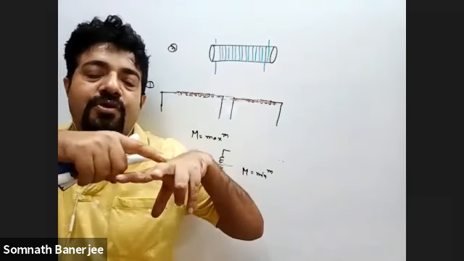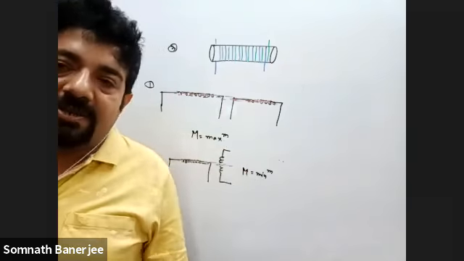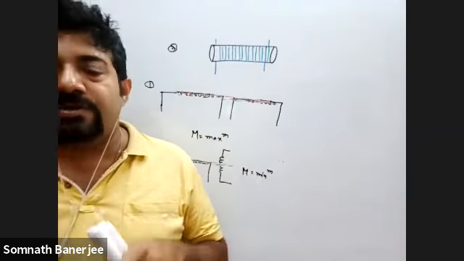As we have two coils, exactly in the middle portion the magnetic field is zero, because the currents are in the same direction. So one is cross, one is dot. We already solved it, we already showed it to you.